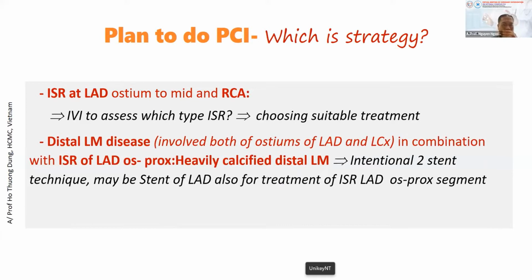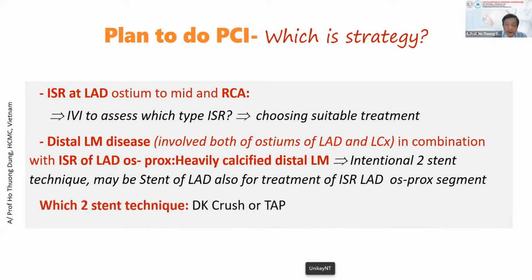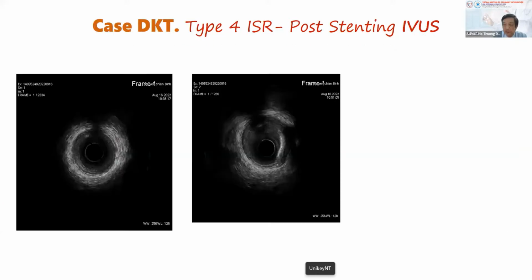So we must choose an intentional two-stent technique, maybe stenting the LAD also for treatment of in-stent restenosis of the LAD. With the two-stent technique, I think TAP or crush is suitable.